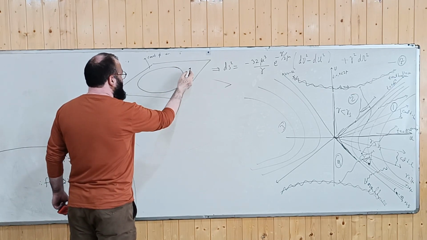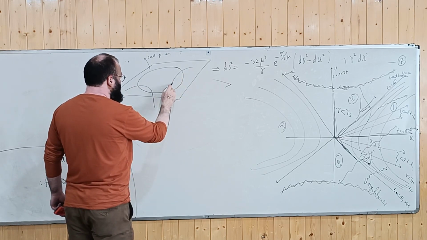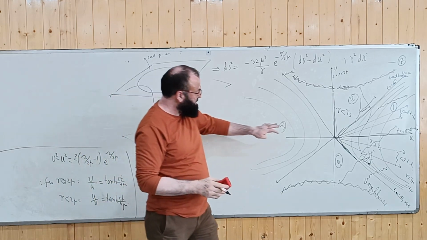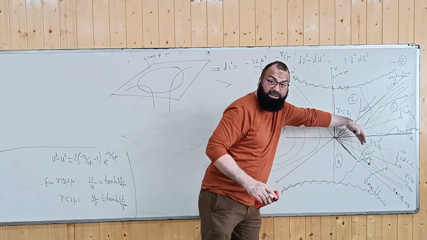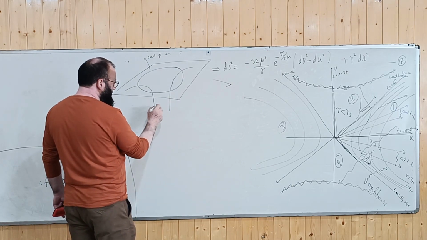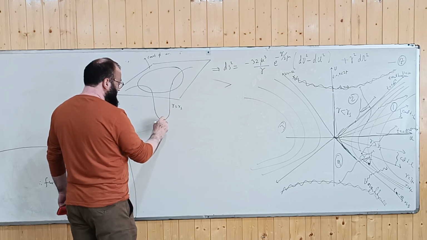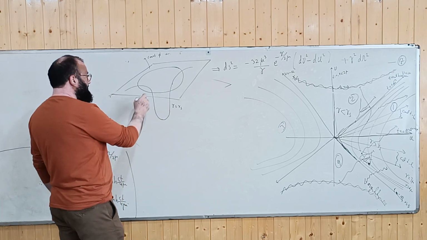I am not actually able to. If I look only at this very region, forget about this region, and take, let's say, r equal to rs, it will look like this. It's simply a kind of cylinder.